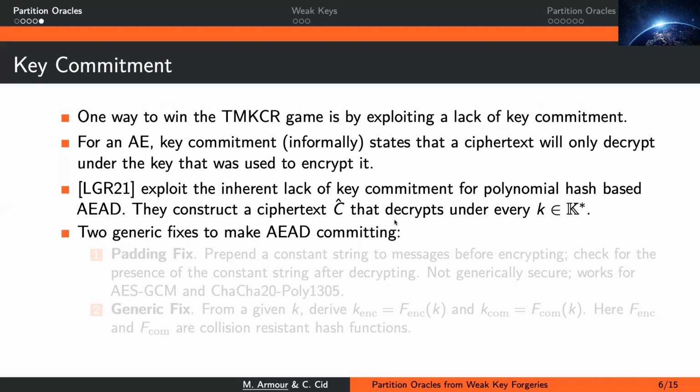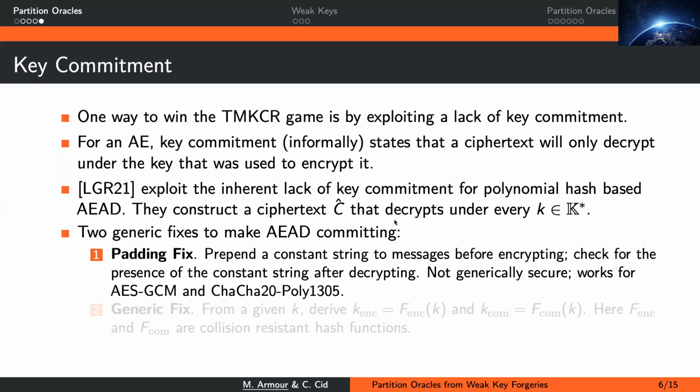Just to note that there are two generic ways to make AEAD schemes committing. First, the so-called padding fix: you can prepend a constant string to messages before encrypting, and then check for that string on decrypting, which isn't generically secure, but it is secure for AES-GCM and ChaCha20-Poly1305, which are the two most common polynomial hash-based AEAD schemes.